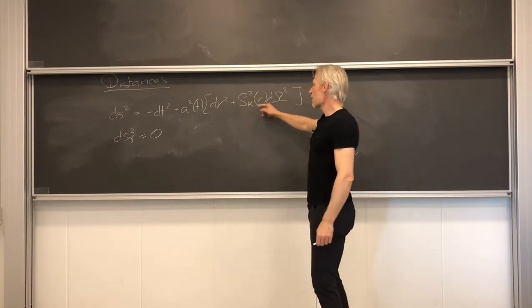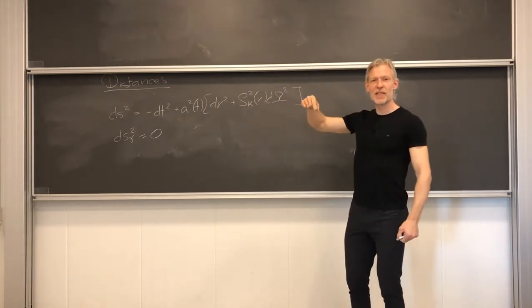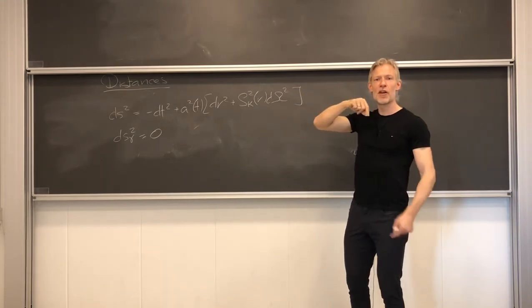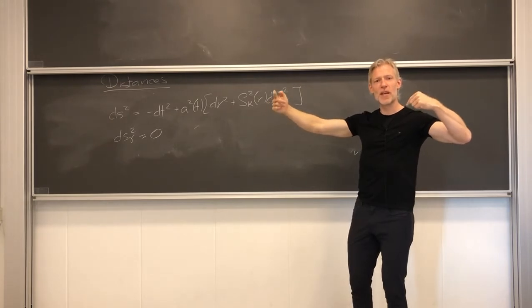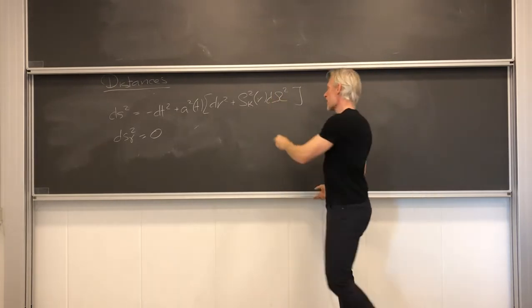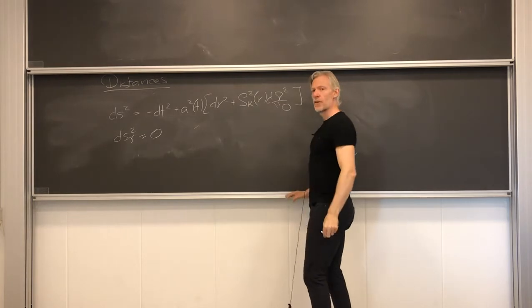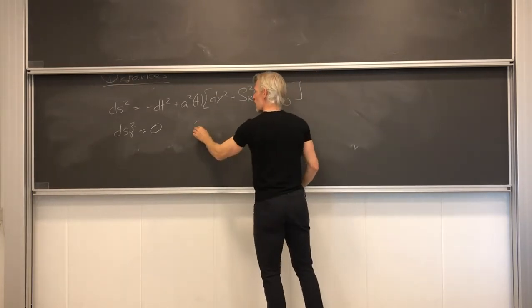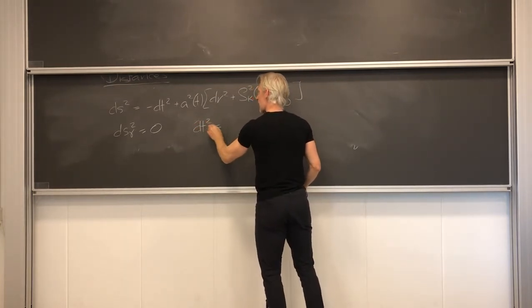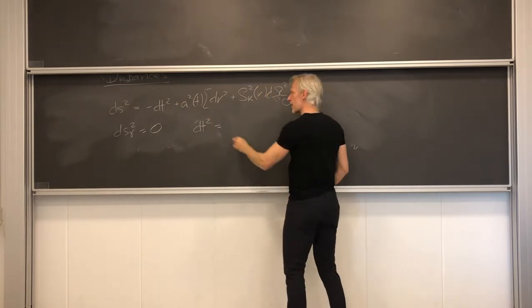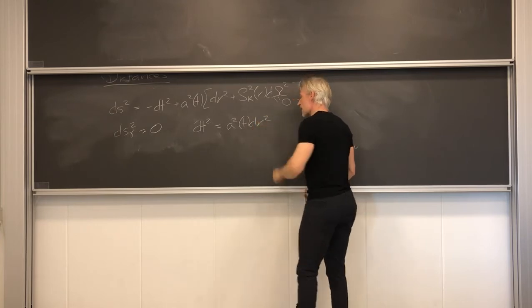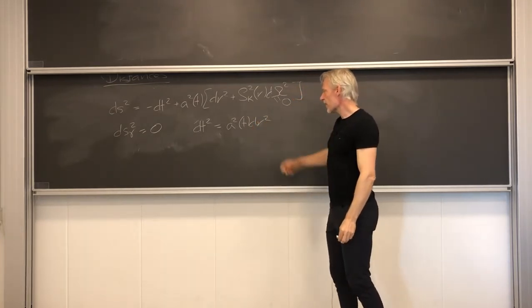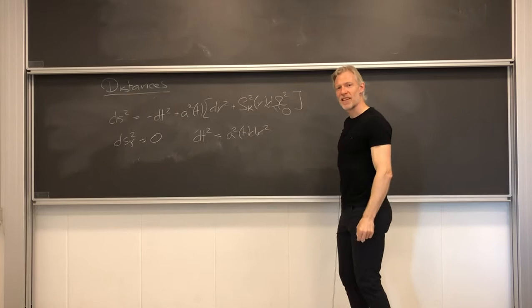Then, of course, in my coordinate system, it's easiest if I choose the origin of the coordinate system as either the source or the observer, because then whatever photon path I'm looking at is going to be a radial curve. So that means that this term becomes 0. So altogether, I can write out this null geodesic condition in this form, which is going to be exploitable in just a minute.